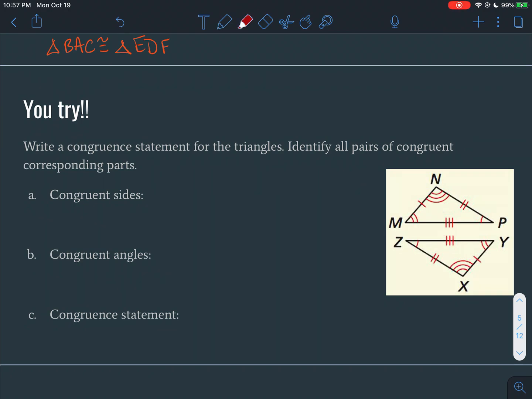Okay. Hopefully you've worked this one on your own and you're back to verify. So for the congruent sides, MN has 1 dash, so it is congruent to YX, which has 1 dash.